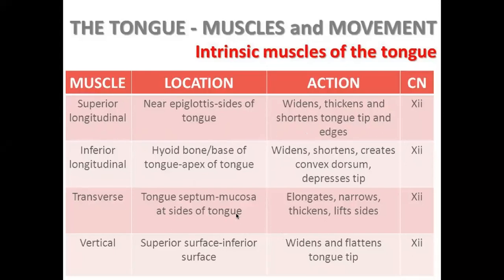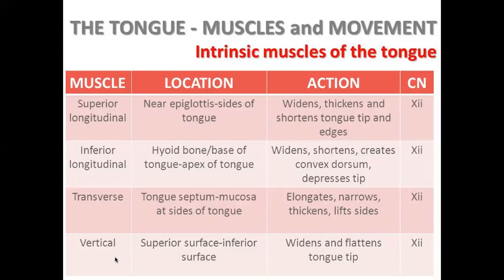Transverse muscles, what will happen? These transverse muscles make the tongue elongated. When they contract, the tongue is pulled out. Remember that along with genioglossus, the transverse muscle is also acting, and it elongates and narrows the tongue and lifts the sides in a U-shaped manner.